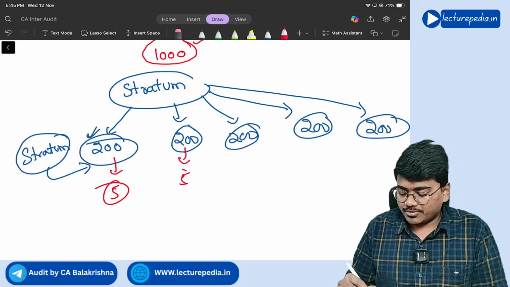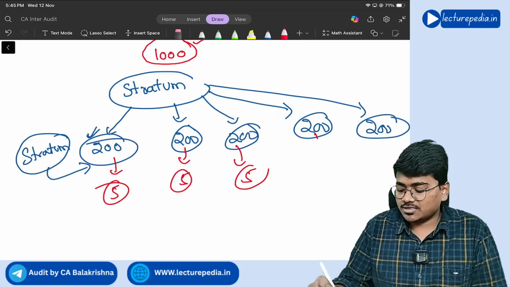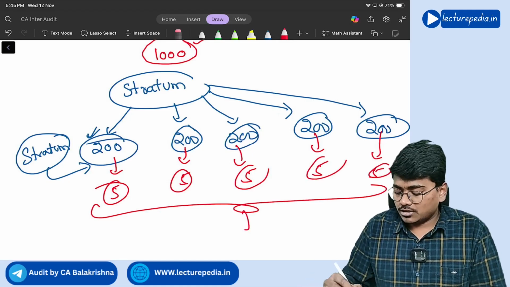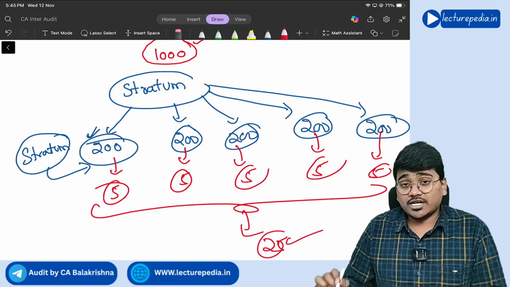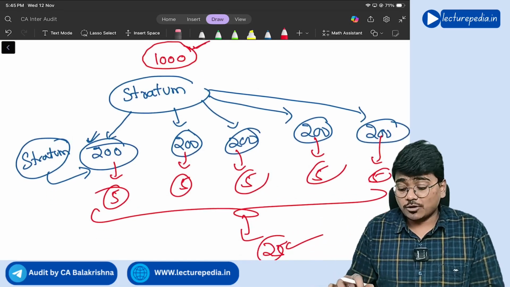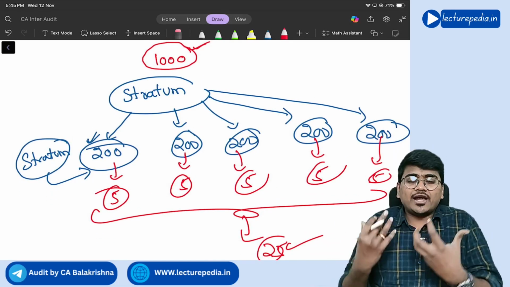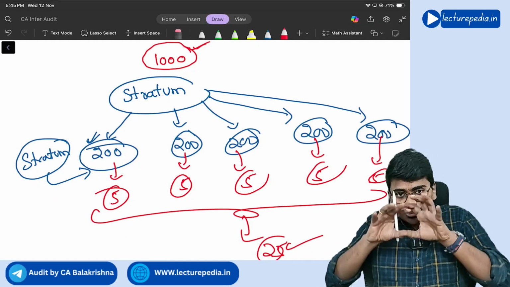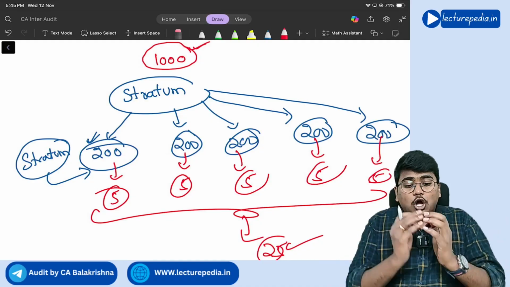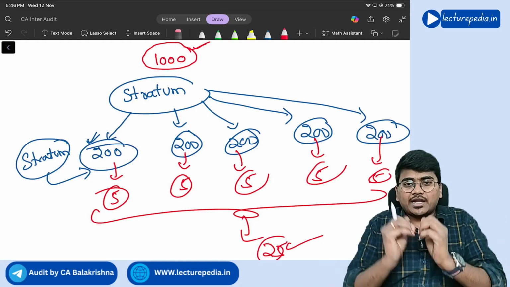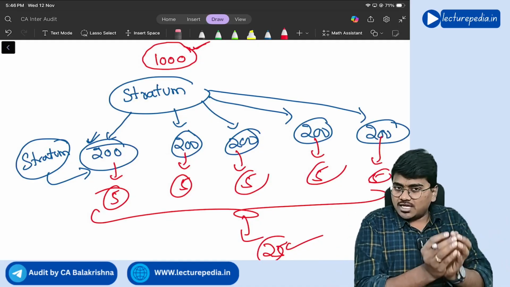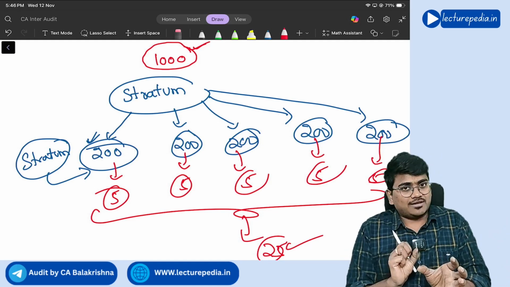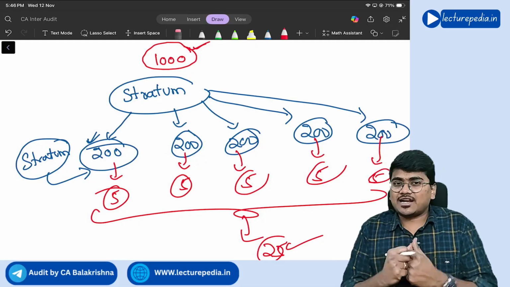From this stratum, another 5, another 5, another 5. Now total 25 items you have selected into the sample from 1,000 items. So this is stratified random sampling, wherein first of all you have divided the population into strata such that all the items of the same characteristics are brought into a single stratum. Now from the strata you have applied random sampling. Getting it?